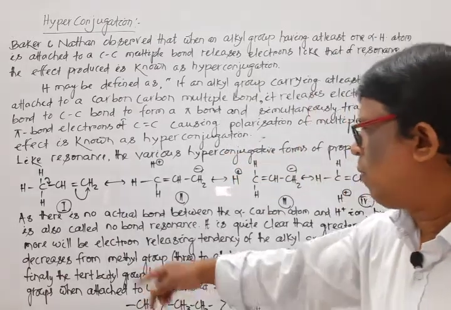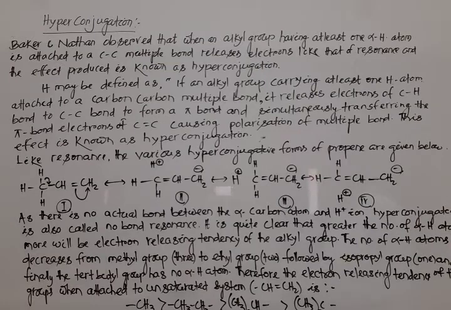Okay, note down. As we know, the number of alpha hydrogen atoms decreases from the methyl group, where it is 3, to the ethyl group, where it is 2, followed by the isopropyl group, where it is 1, and finally the tertiary butyl group, which has no alpha hydrogen atom.